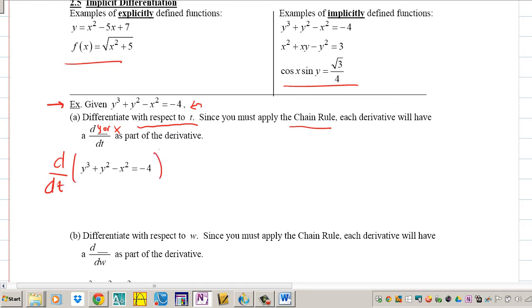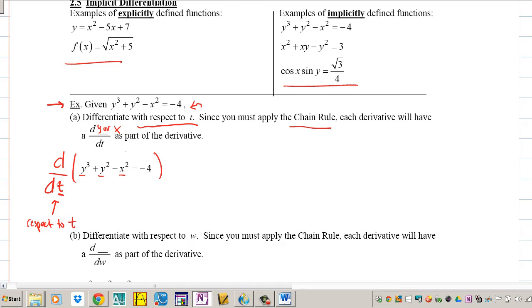Taking the derivative with respect to t, this time we're not taking the derivative with respect to x. In my introduction video, I talked about how this is with respect to t, or in the last video, x. Anytime this variable does not match the variables in your equation, you have to apply the chain rule, because we don't know if y is a function of t or if x is a function of t.